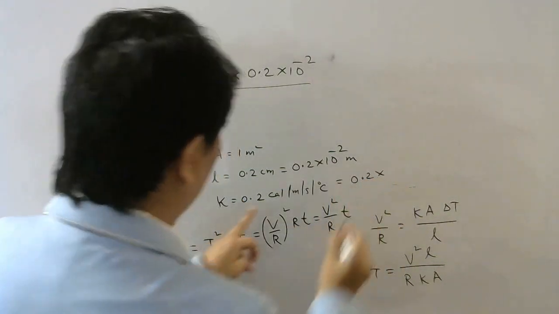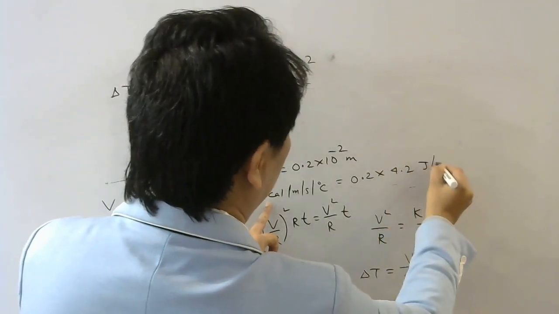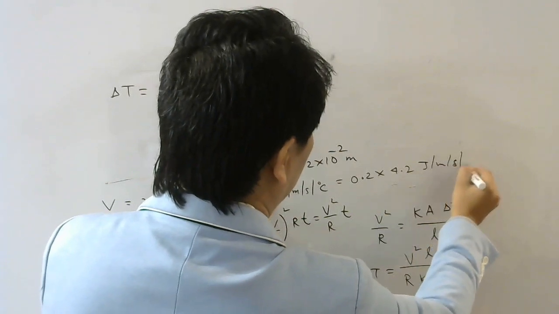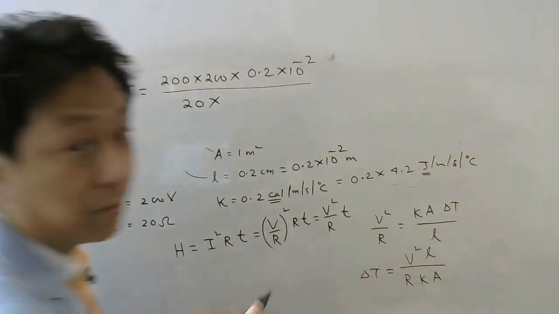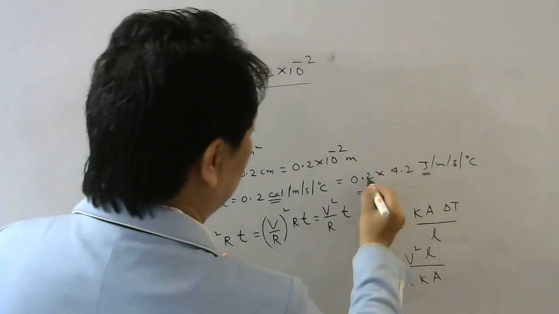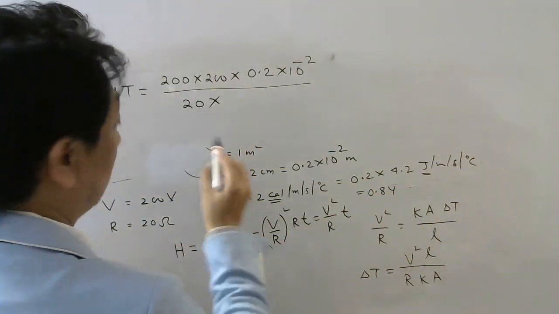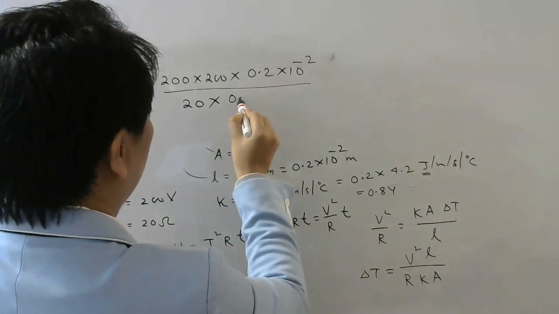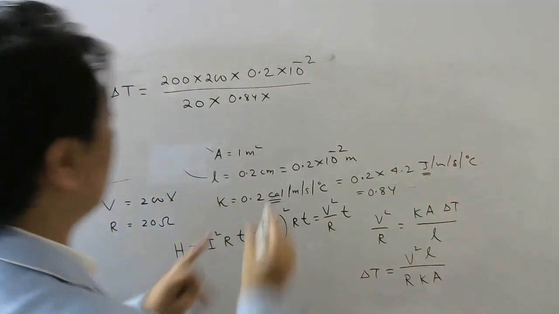So 0.2. 1 calorie is 4.2 joules. Everything else will be same, only calories I converted to joules, because joules is the SI unit of energy. So this will be 2 2s are 4, 2 4s are 8, so 0.84. So K is 0.84 in SI units, and this area is 1 meter square.